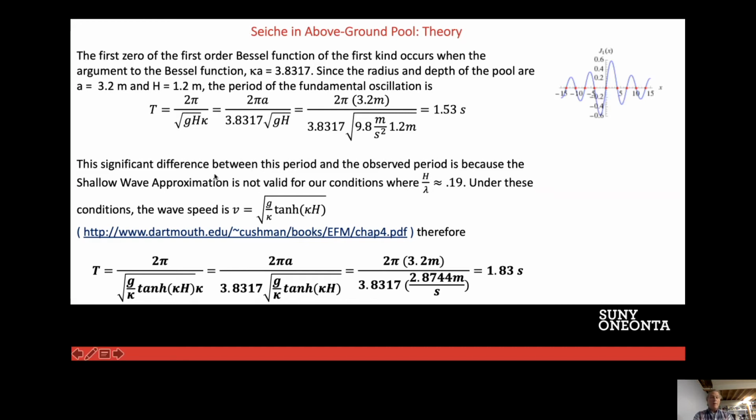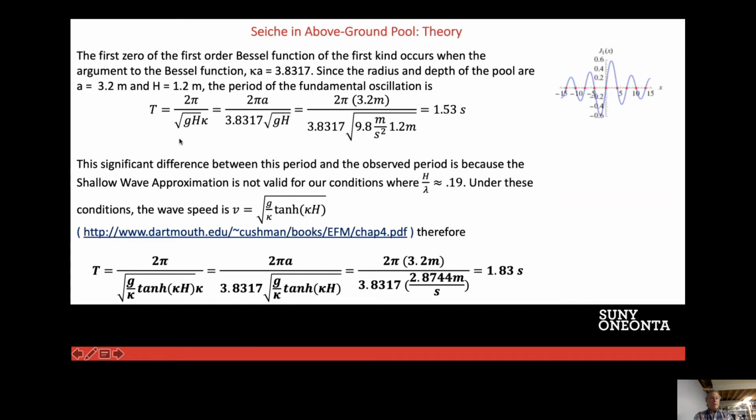Well, part of the problem here is that our shallow wave approximation is not valid. H over lambda is going to be about 0.19, so it's about 1/5. So that means that H is not much smaller than lambda. Under these conditions, the wave speed is not the square root of gh, but it's given by this expression here.